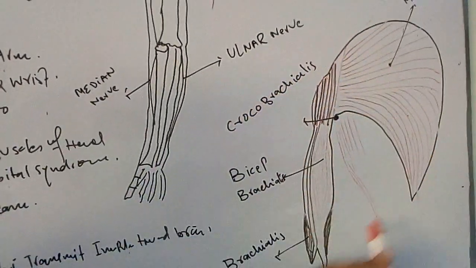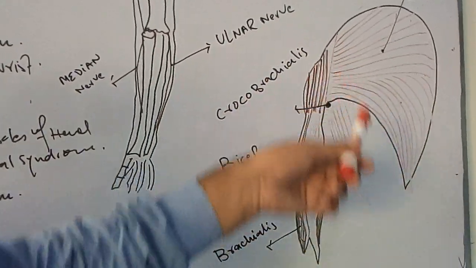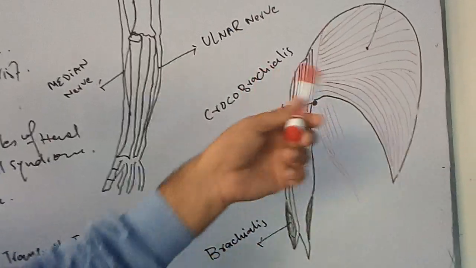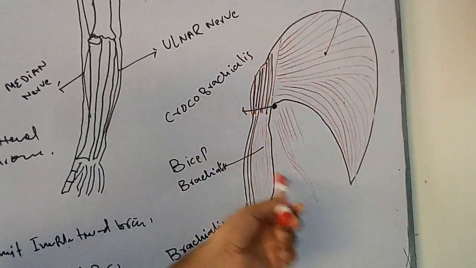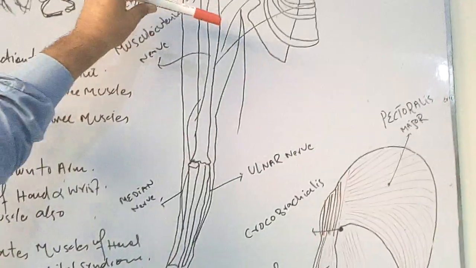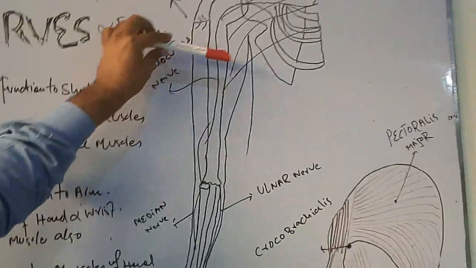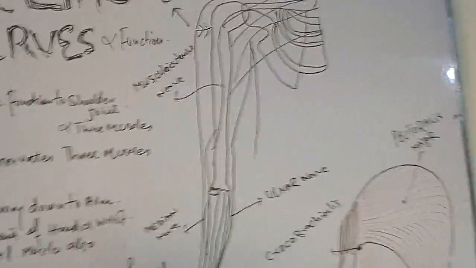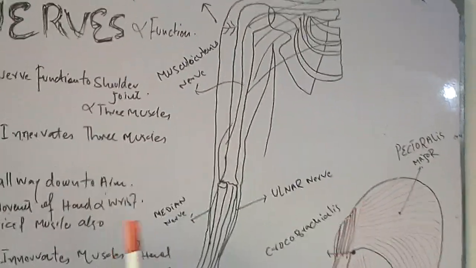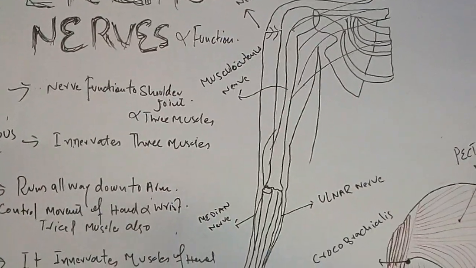These are the four muscles which are very important regarding these nerves, and these nerves especially help in movement of these muscles. Now if you look at this diagram, it shows the five major nerves that are present in our arm.